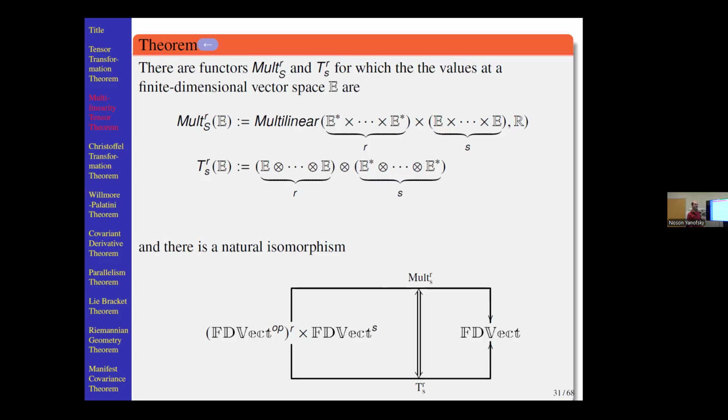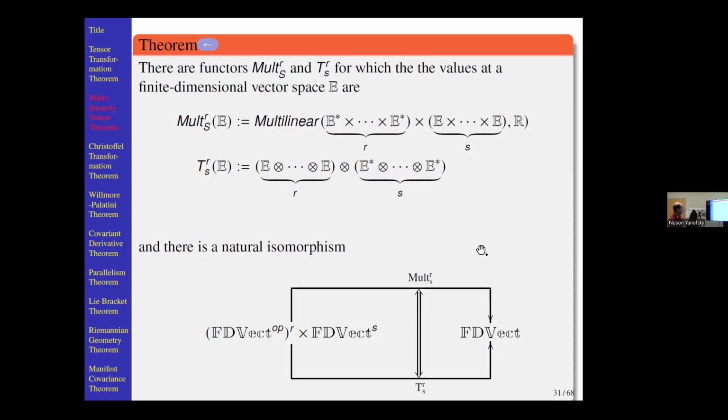I always remind myself why that is by saying, well, what if you just have R equals 1 and S equals 0? Well, then you've got E star, a linear map from E star to R. Well, that's an element of E star star. Right? Linear maps on linear maps is the original thing.